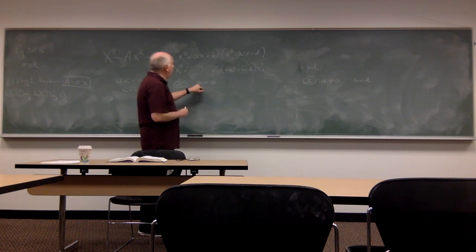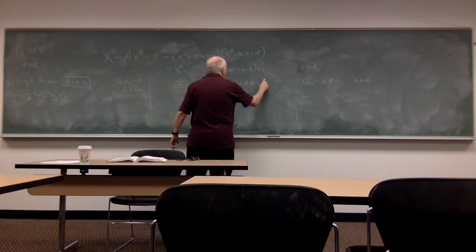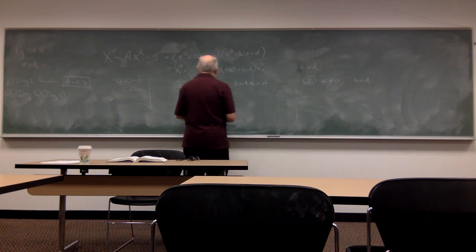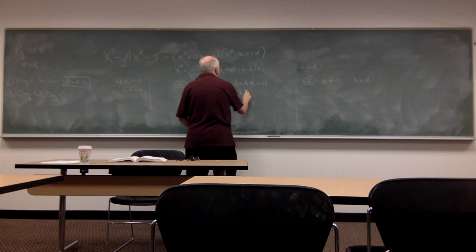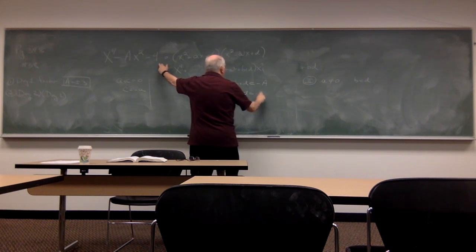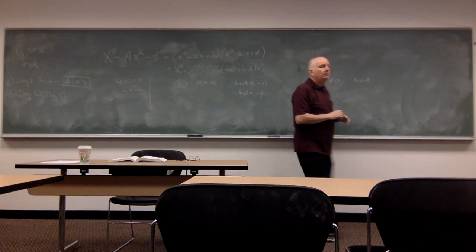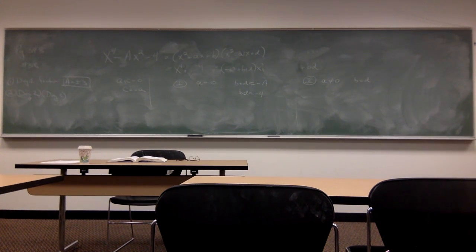If a is equal to 0, that says b plus d is equal to negative capital A, and b times d is equal to negative 4. This looks like there might be some work involved, so we'll come back to that.